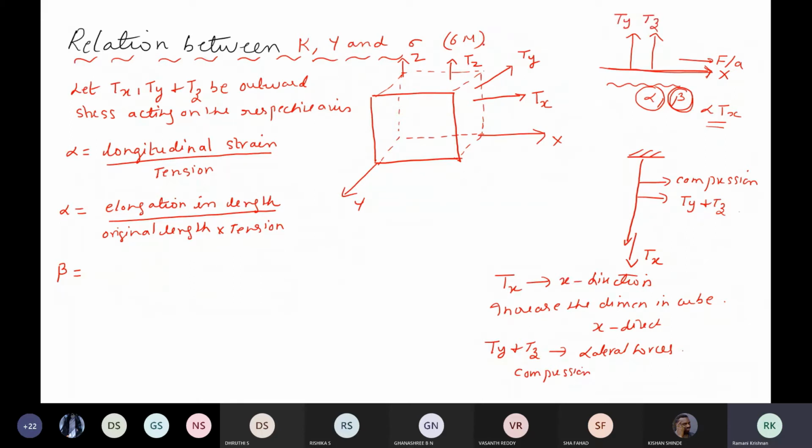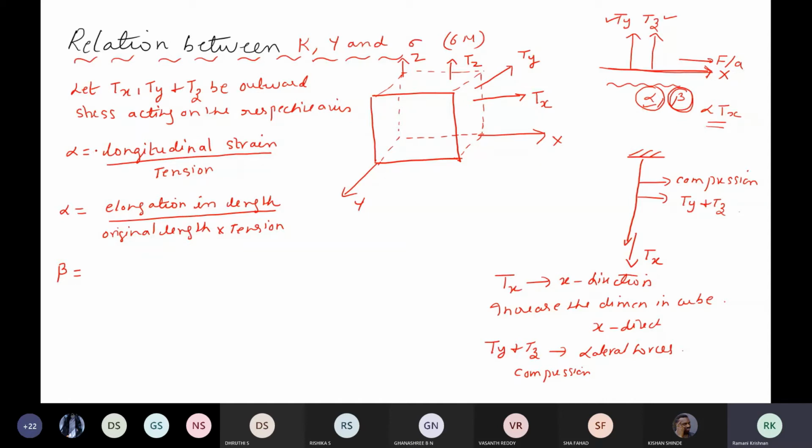Because all these 3 axes are perpendicular to each other. Correct, no? Ty is perpendicular to Tx, Tz is perpendicular to Tx, correct? So the lateral compression produced is due to which forces? Ty and Tz. The longitudinal elongation is produced by alpha. Now you'll understand when I say this.